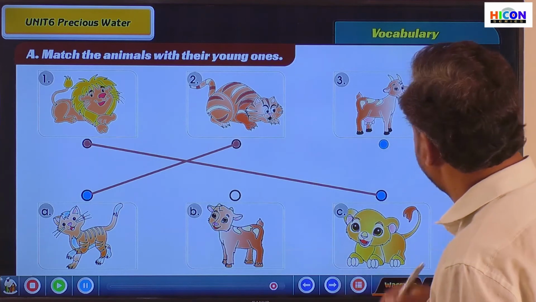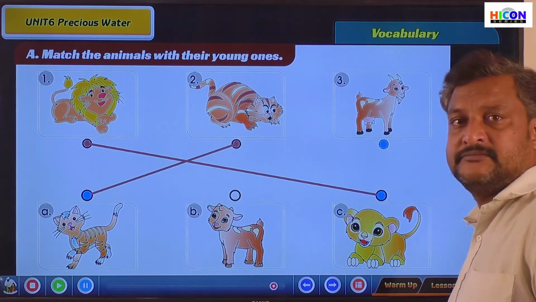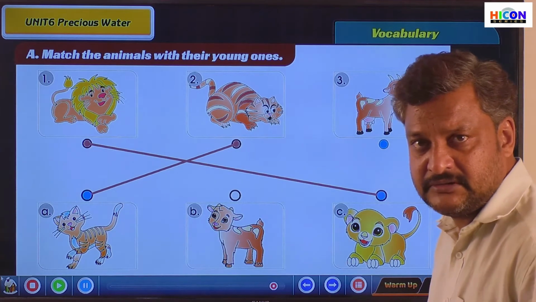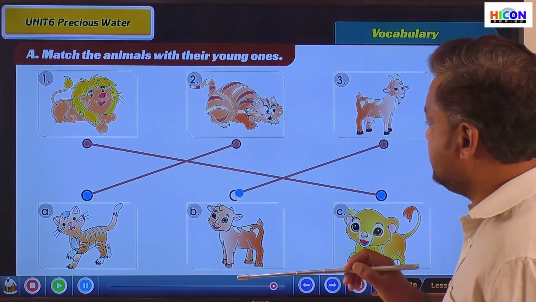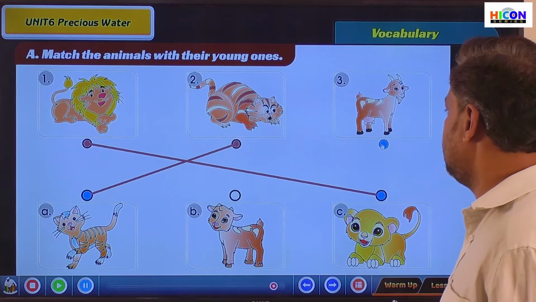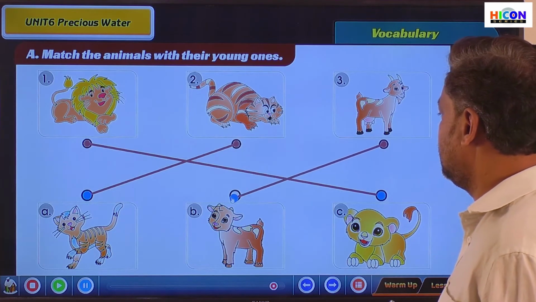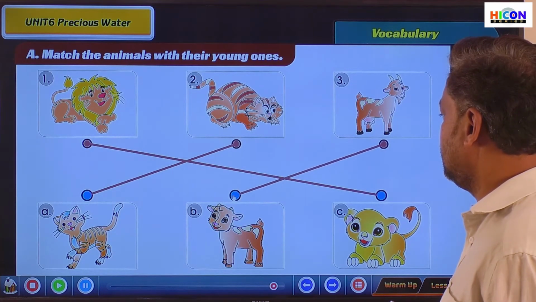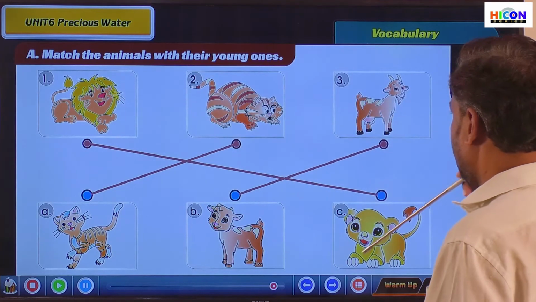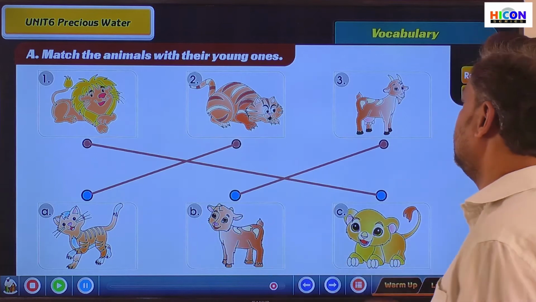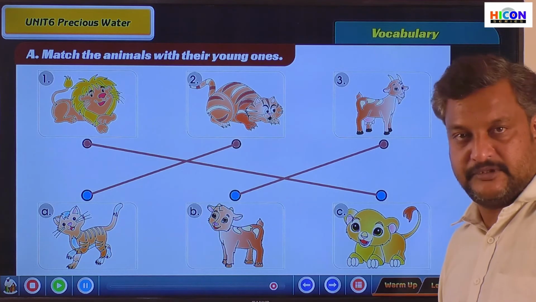And here we have a goat. And what do we call a baby goat? A lamb, isn't it? This is a lamb. Yes. Right? So lion, cub, cat, kitten, goat, lamb.